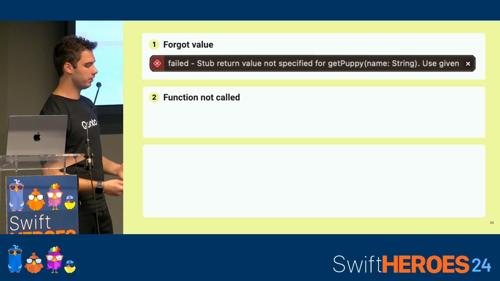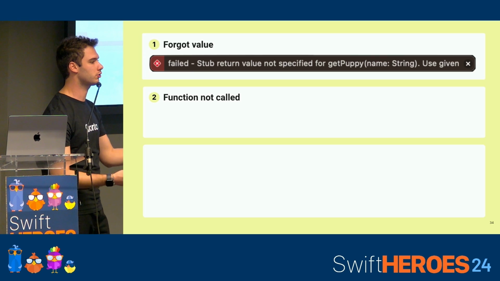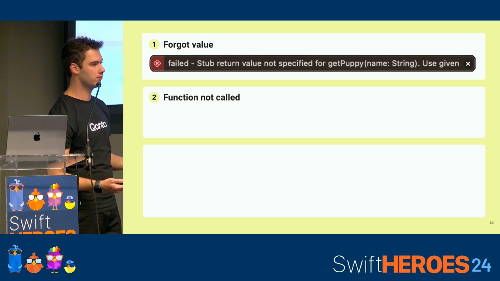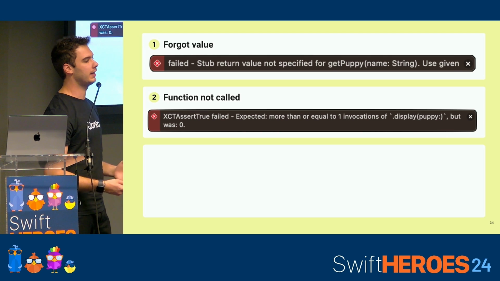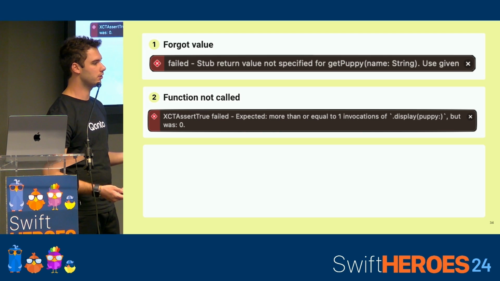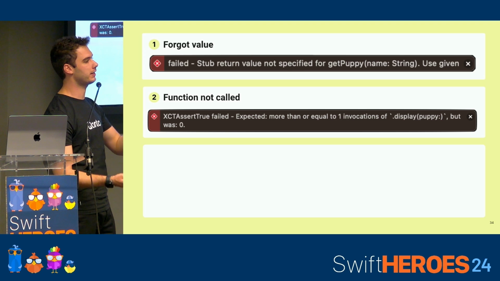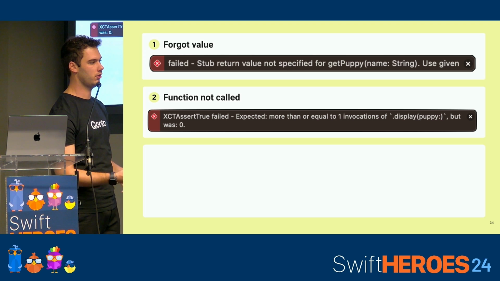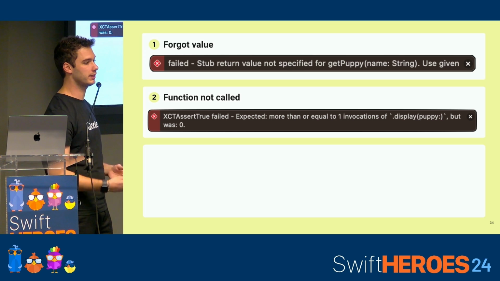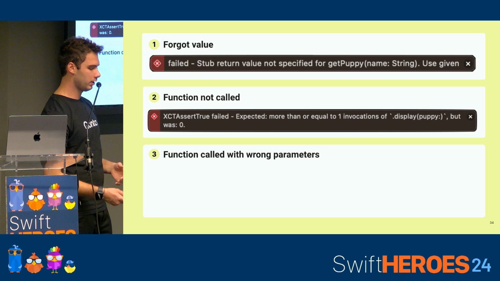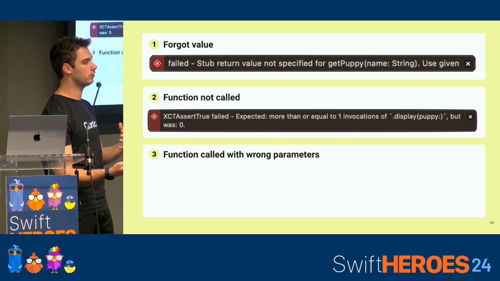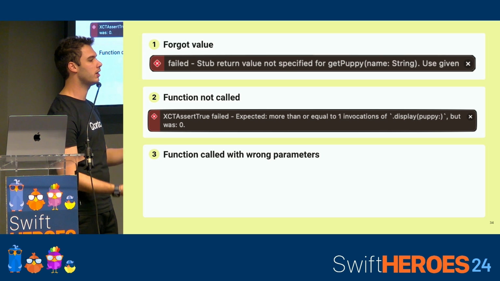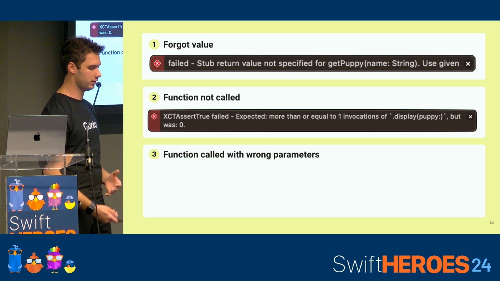The second thing you can do is forget in your production code to actually call a function. In this case as well, the test will fail, and SwiftyMocky will let us know that we were expecting one or more invocations of our function, and we didn't get any. The third thing that can happen is the function is called, but it's called with the wrong parameters.